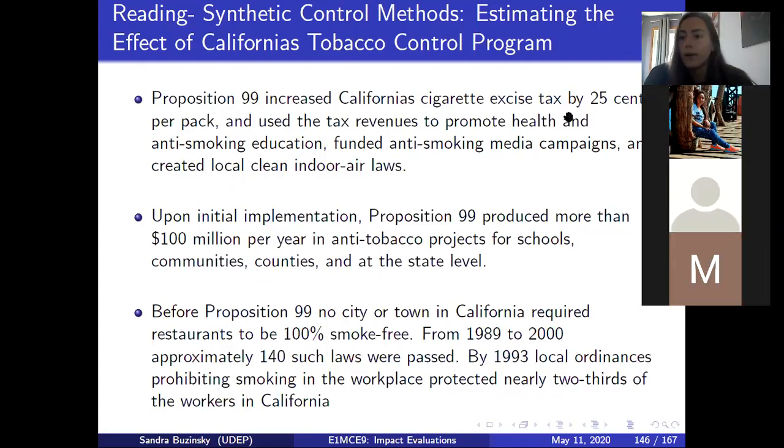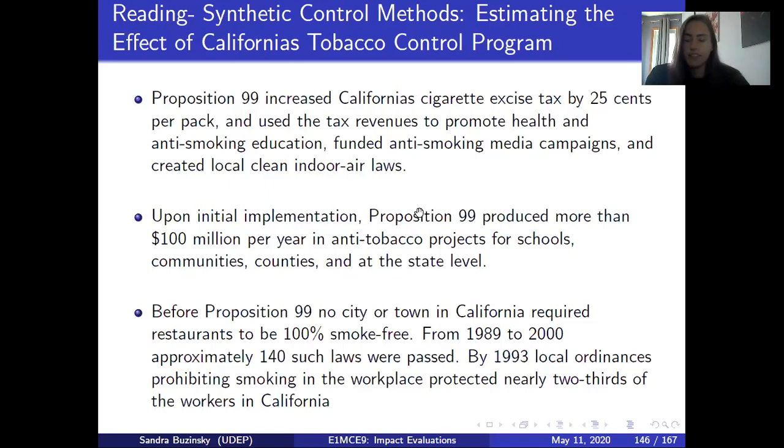So basically, not only are you getting taxed more on cigarettes, but you also can't smoke inside. There's more awareness of anti-smoking and such. Okay, so upon initial implementation, Proposition 99 produced more than 100 million per year in anti-tobacco projects for schools, communities, counties, and the state level. So that's just from the profits from the taxes.